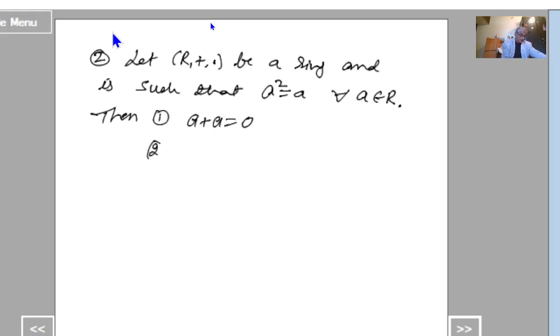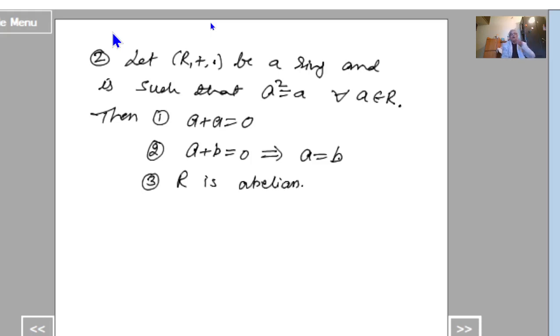Number two, A plus B equal to 0 implies A equal to B. Number three, R is abelian. So here it is given that R is a ring with the property A square equal to A for all A belongs to R. Then we have to prove these three.